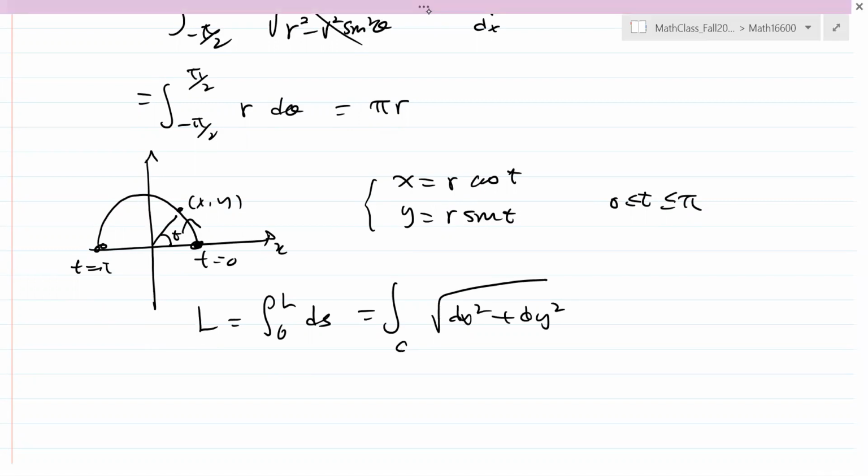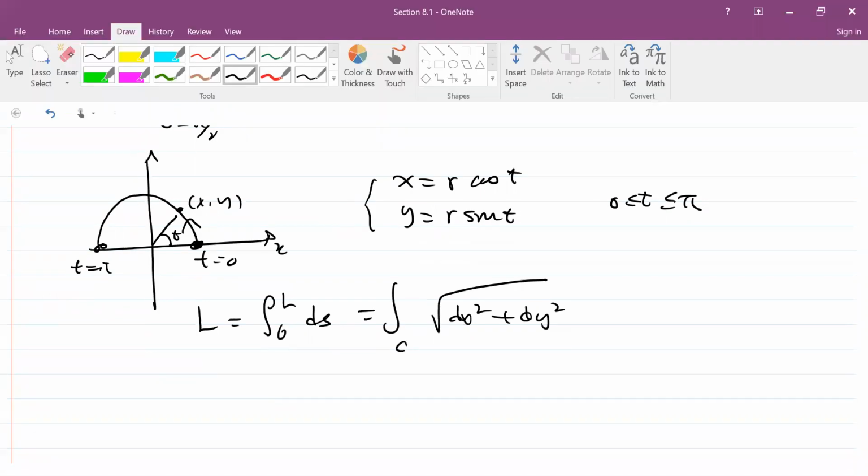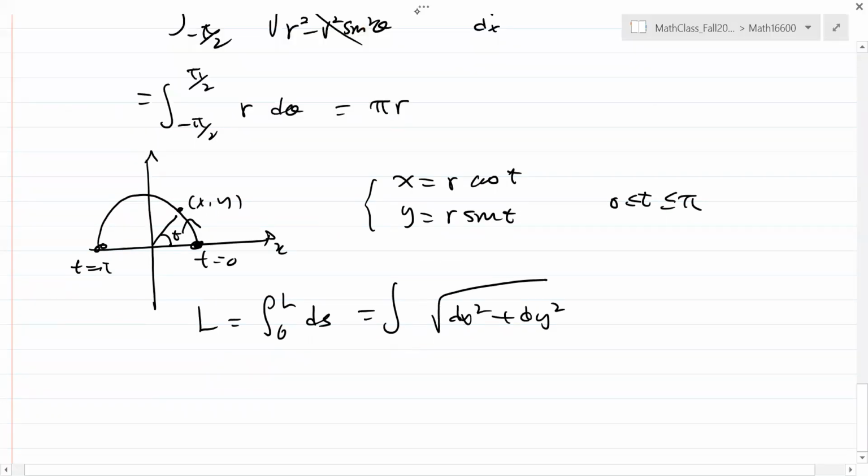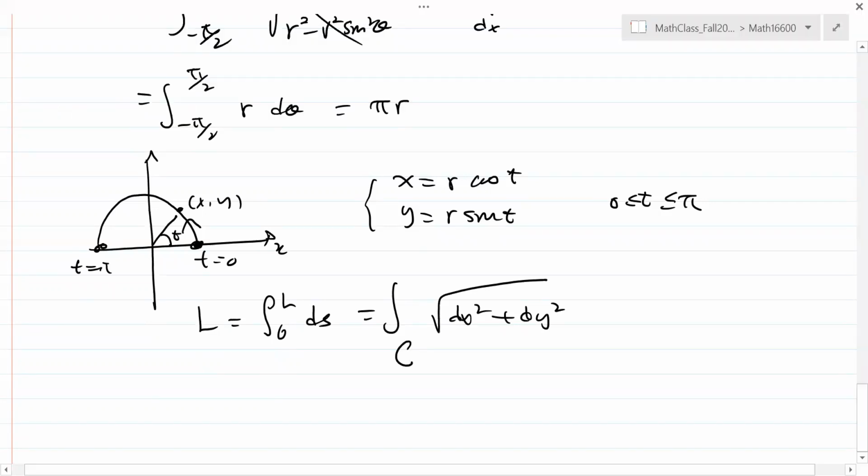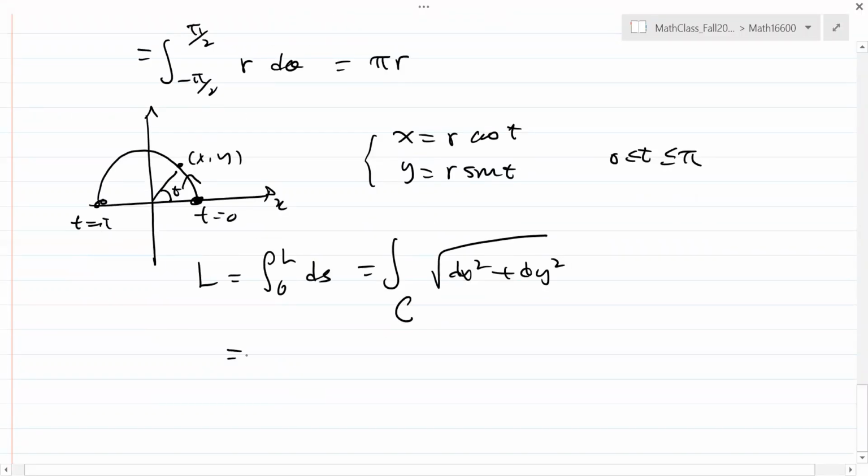Sometimes we just simply put the curve C here. Now I take dt out. It's going to be the square root of (dx/dt) squared plus (dy/dt) squared, multiplied by dt, and t is from 0 to pi.